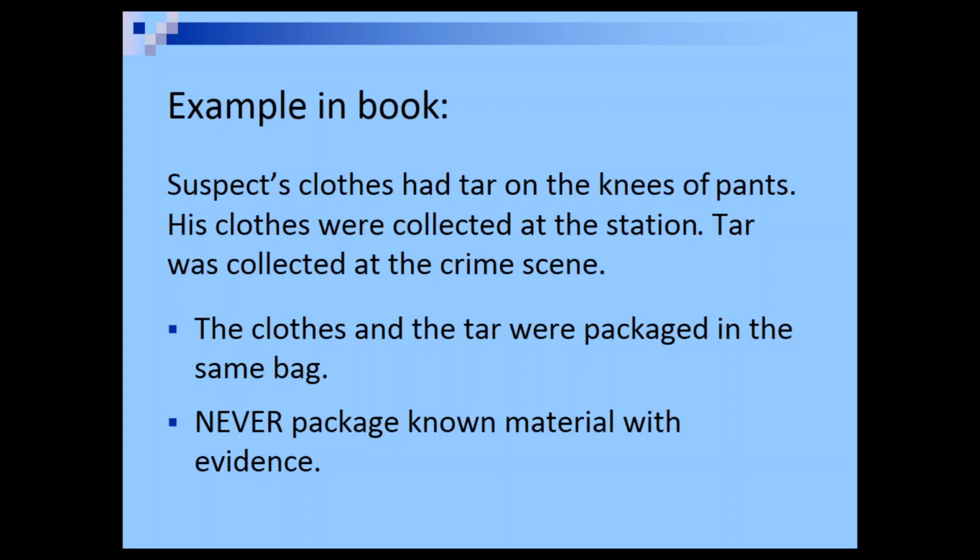All of a sudden the question becomes, how did the tar get on the pants? Is it because the suspect was on the roof breaking into the building, or is it because tar got transferred from the jar of tar that you put in the same bag?